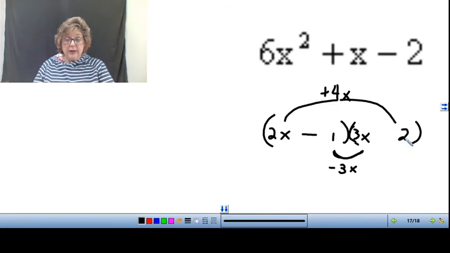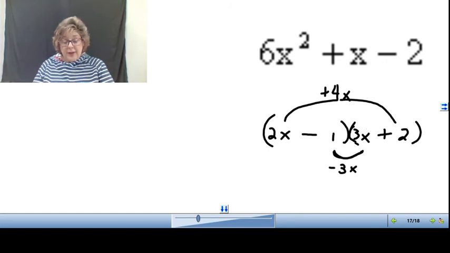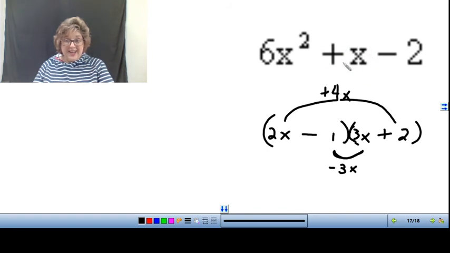So when I multiply these, I know that now is my positive sign. And now it is factored. So when I'm looking at factoring, I'm not looking at the first or the last in FOIL. I'm looking at the outer 2 and the inner 2 to get that value right there.